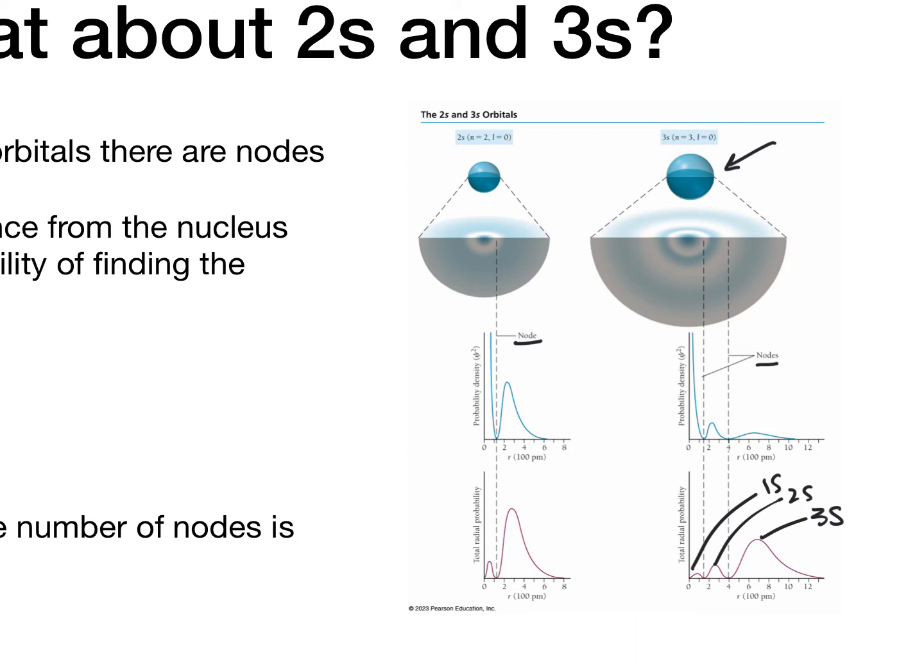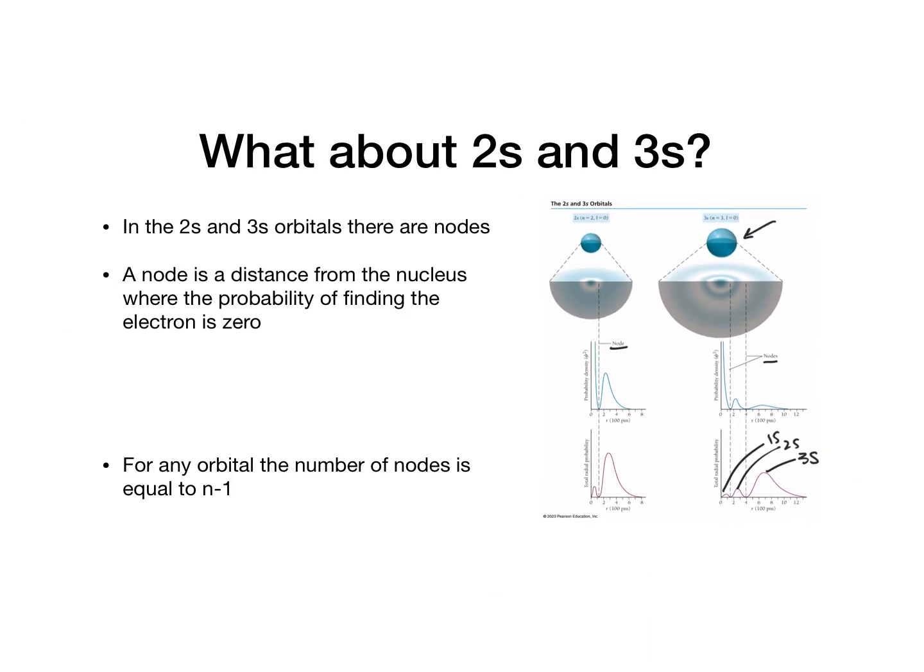But what is this node? A node is a place where the probability of finding the electron is 0. If we think about a wave, this is a place where you would expect a node.